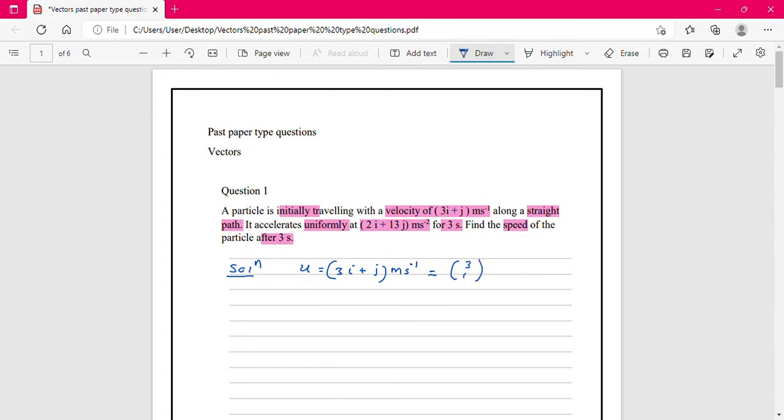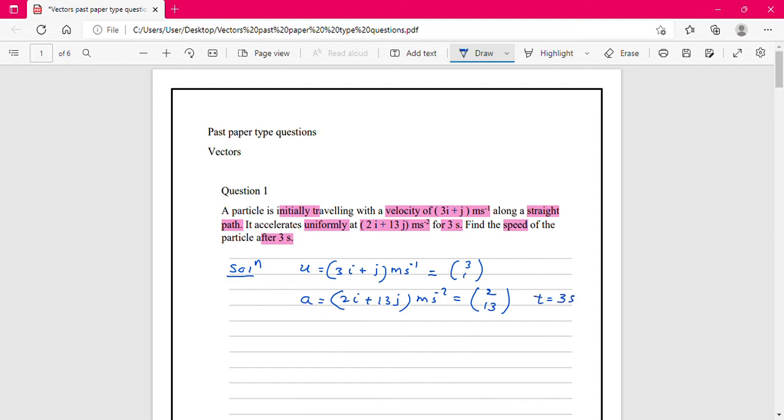That will help you solve the question more easily. It accelerates uniformly at, that means a is given to you, 2i + 13j meters per second squared. So as a column vector it is (2, 13), and time is 3 seconds.